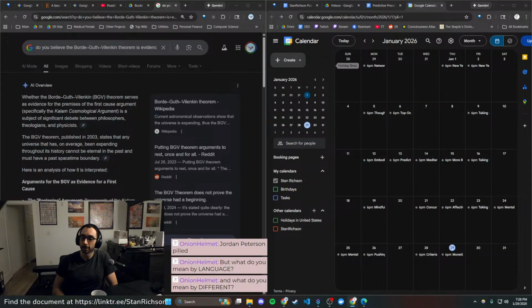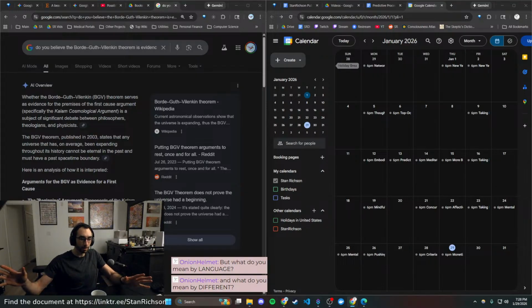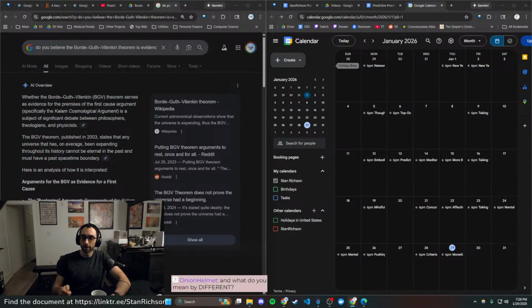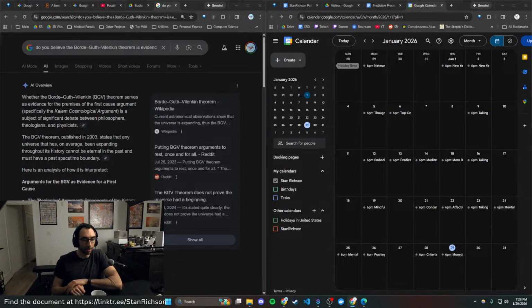Even if we had some logical conclusion that we know everything to be deterministic after the Big Bang, therefore perhaps there was something deterministic prior to the Big Bang that determined it, we have to be agnostic about what that is. So any argument that says God must exist because the universe must have come from something is completely inappropriate from what we know. That's what I would say. But what do you mean by language? What do you mean by different?